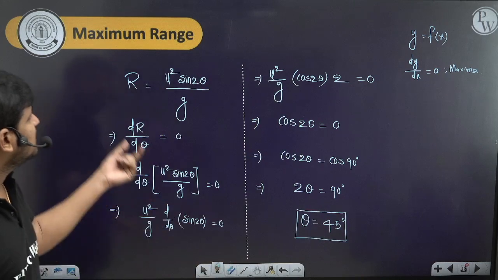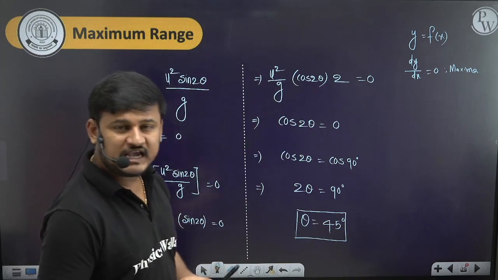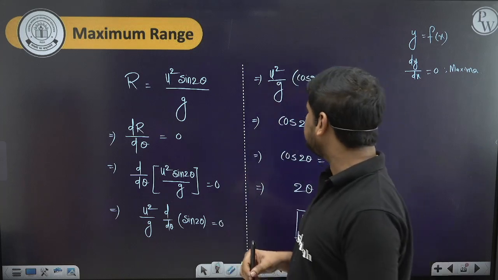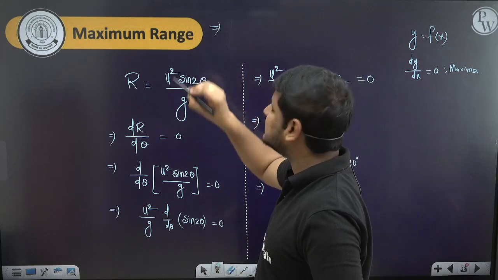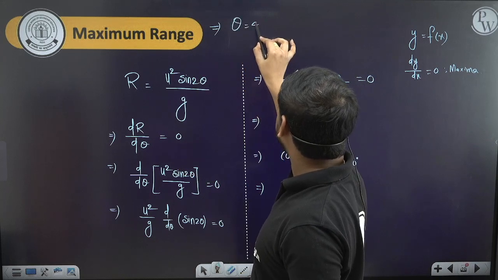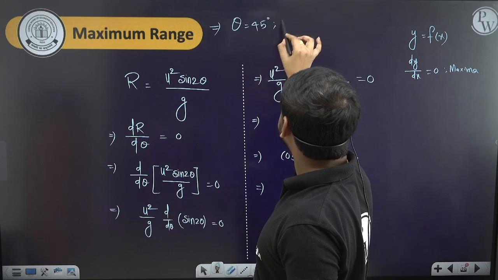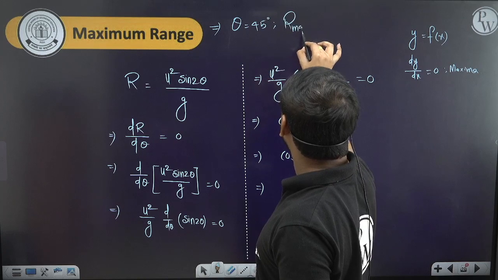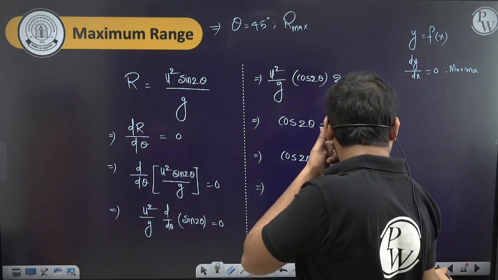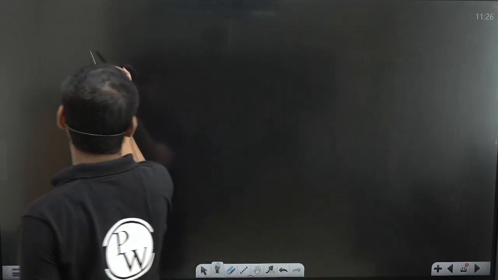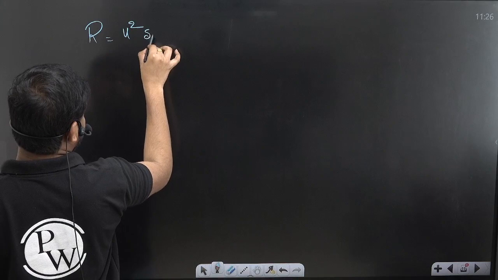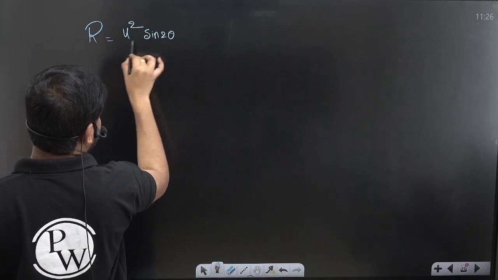So that means if you throw a body at an angle of 45 degrees, then its range will be maximum. This is a standard result that you have to remember. So for 45 degrees, the range will be maximum. If they ask you what is that maximum range? We have R equal to u square sine 2 theta by g as the formula.